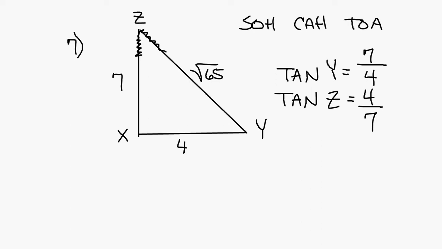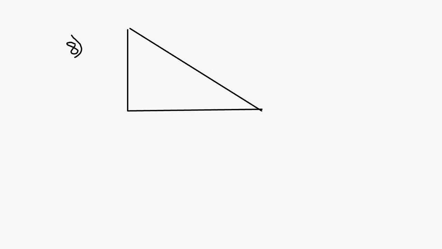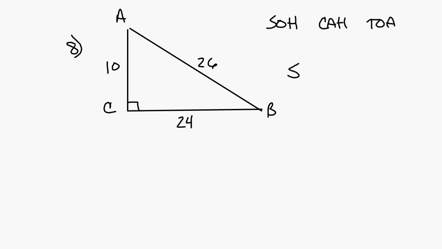Number 8. A, B, and C. 10, 26, 24. You're asked for sine of A and cosine of A. So sine of angle A equals, sine is opposite over hypotenuse.